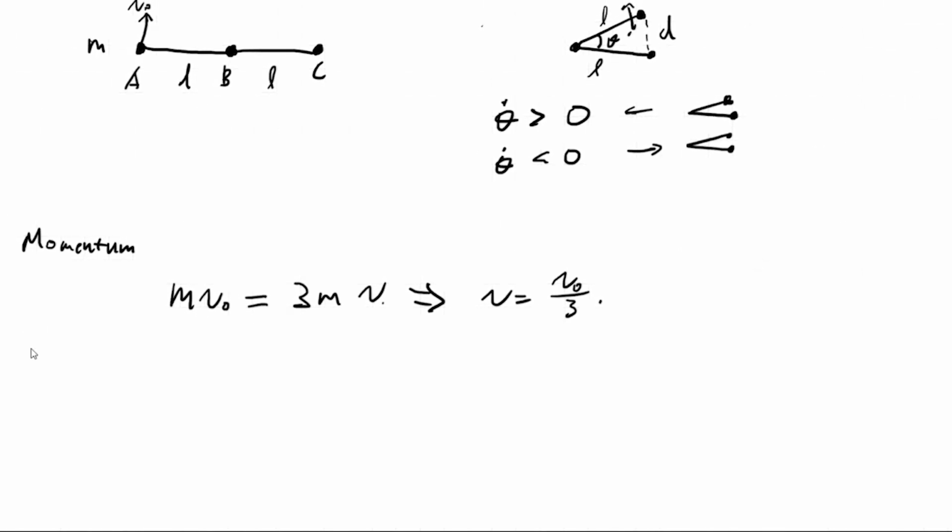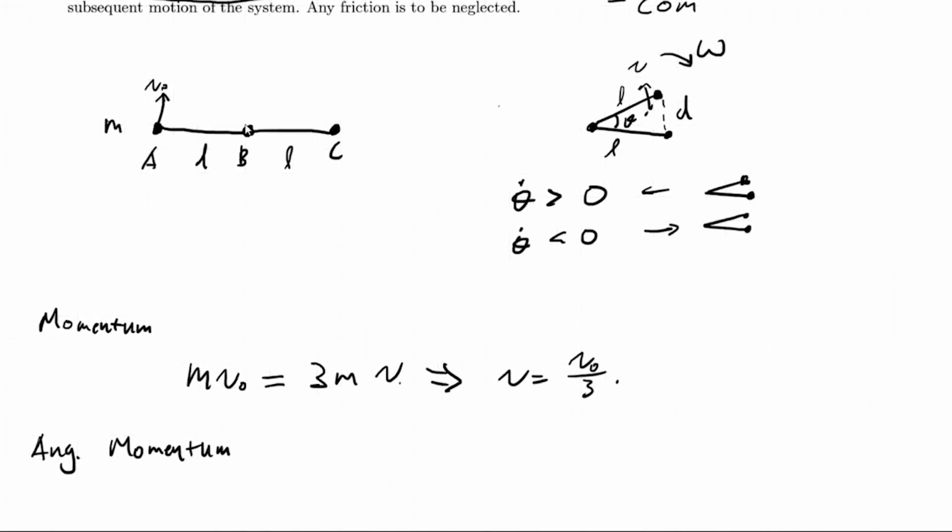Now let's apply conservation of angular momentum, and this is going to be about the center of mass. In the initial setup here, the center of mass is right here by symmetry, and so the initial angular momentum is m v0 L, just by its definition.